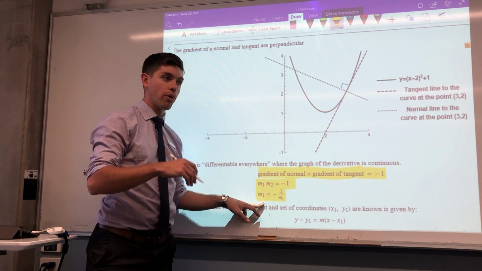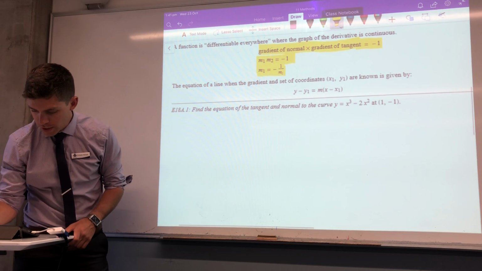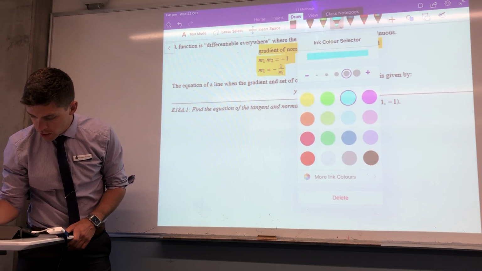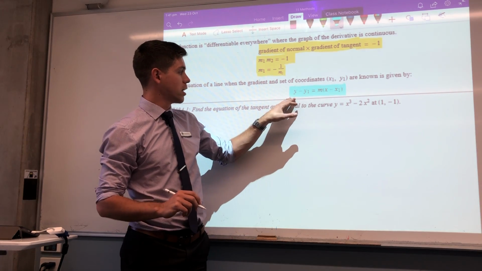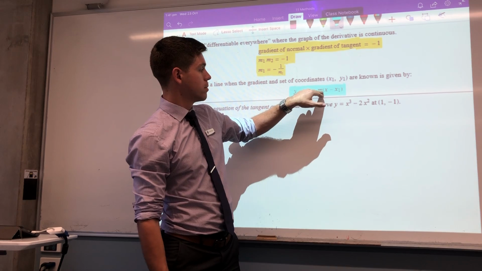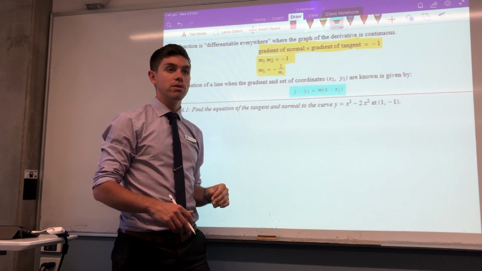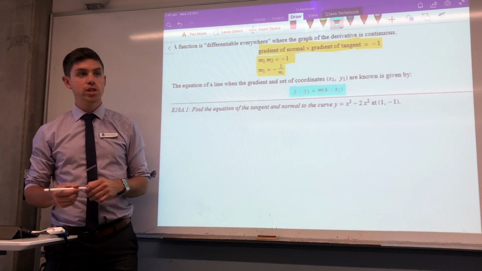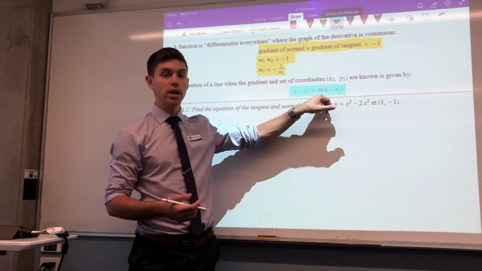And once we know both gradients, we can go one step further and apply those to this formula here: y minus y1 equals m(x minus x1). This formula here in aqua is a method for determining the equation of a straight line given a point and knowing the gradient.